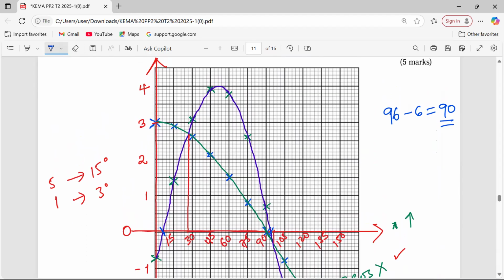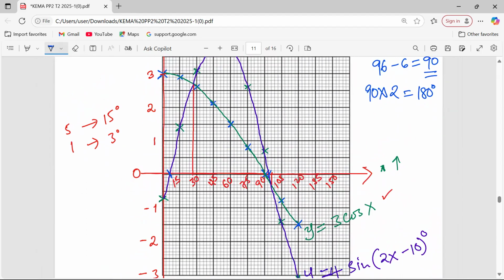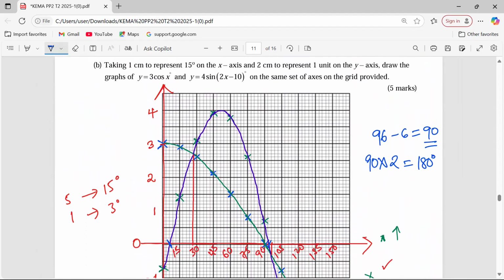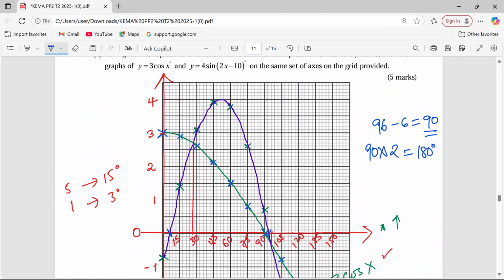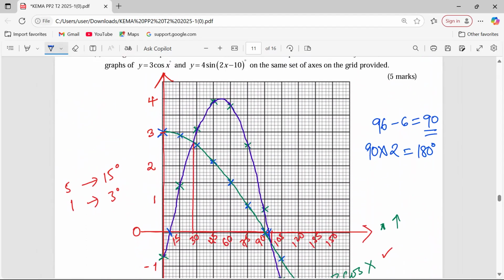From 6 to 96, that is half a cycle. Therefore, it should move through another angle of 90 for it to cover a complete oscillation. So we take 90 by 2, and this will give us 180. In case a whole wavelength had featured, we would have been in a position to read 180 directly. But now that a whole wavelength has not featured, we interpret half a wavelength and we multiply by 2.